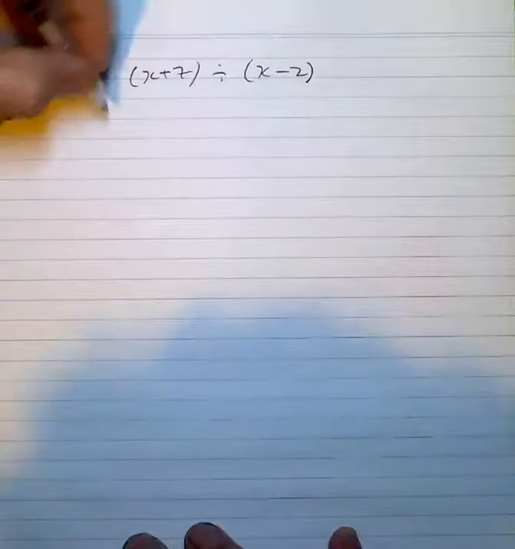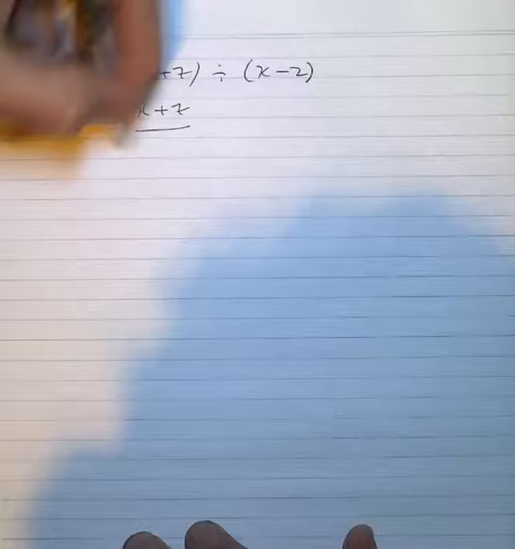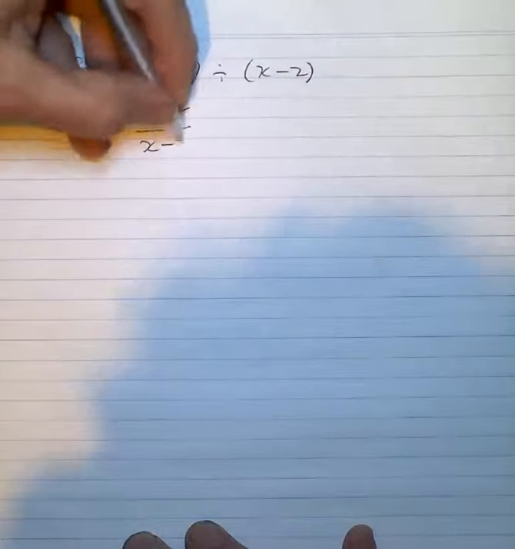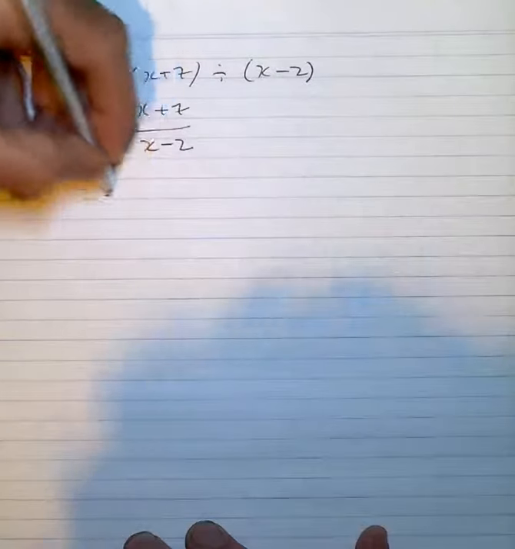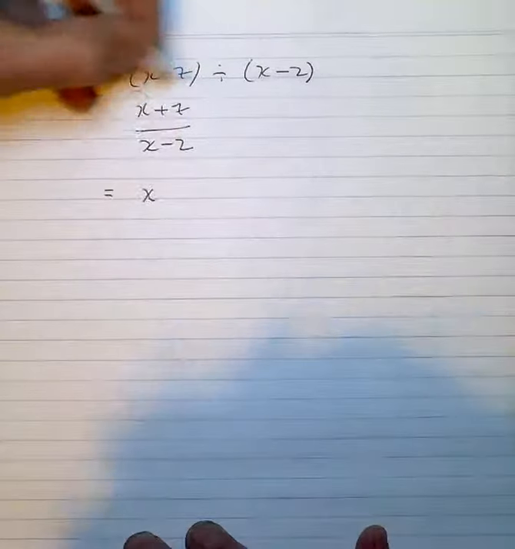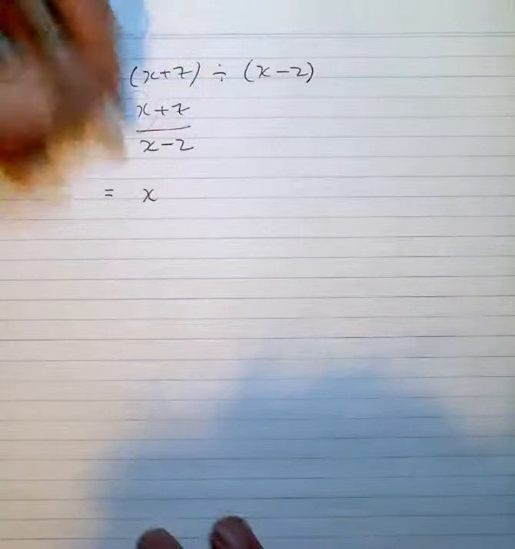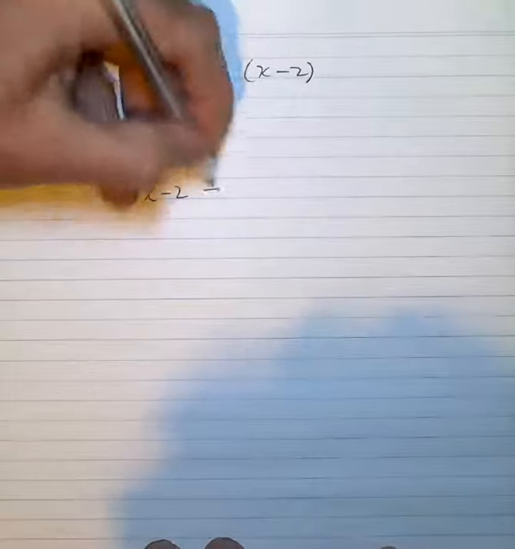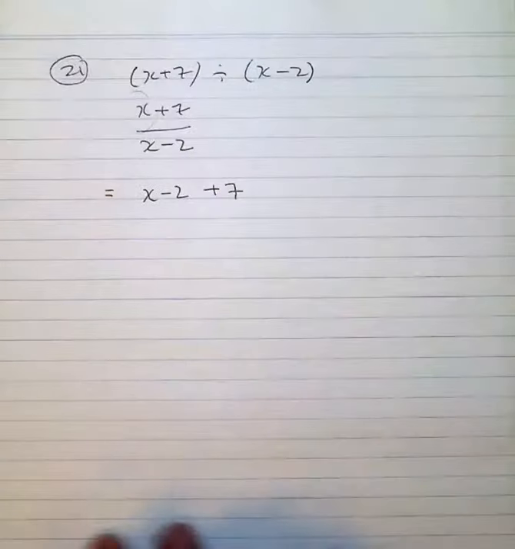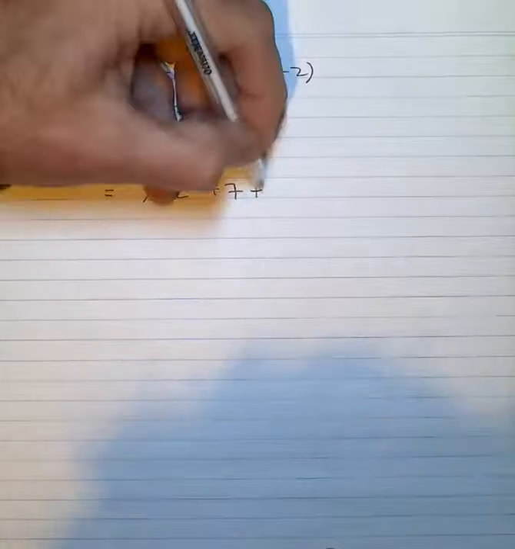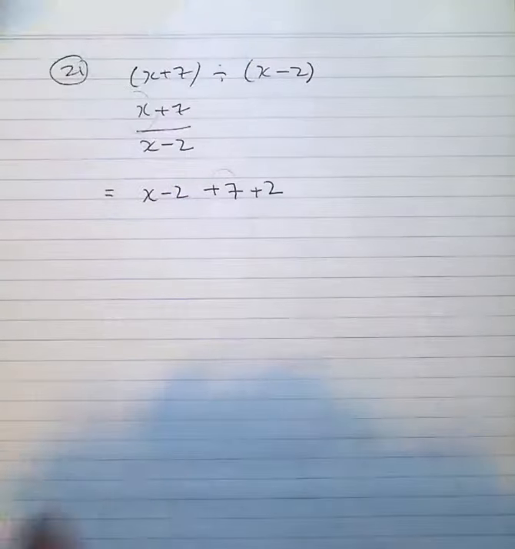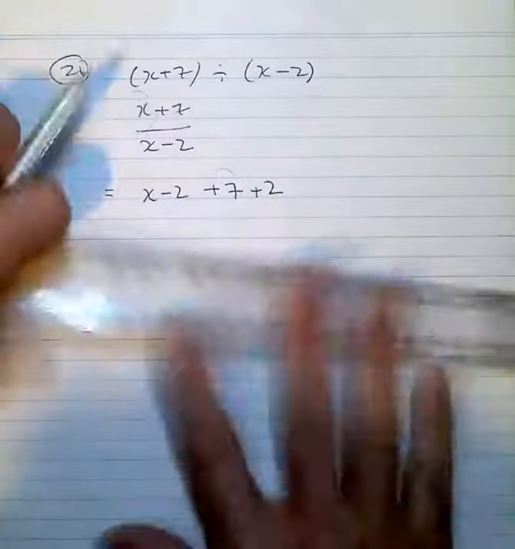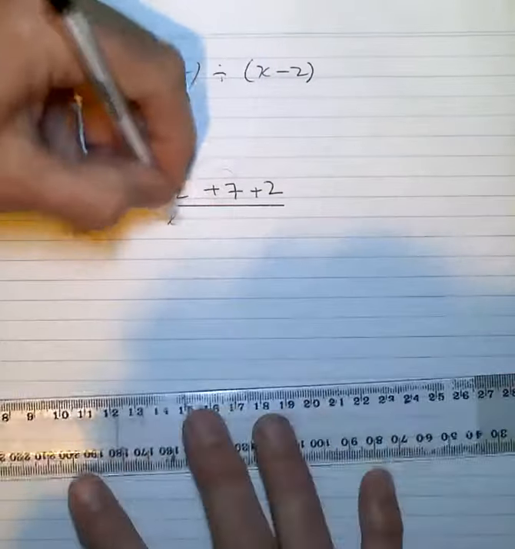Now in the first instance, I can rewrite this as x plus 7 divided by x take 2. Now I'll substitute the x take 2 in for that. Now to even things up, I've got to add 2 to give me the 7 overall, and that will be divided by x take 2.